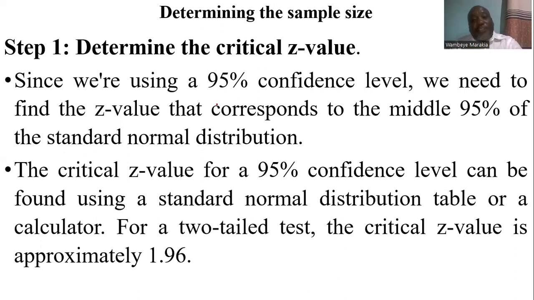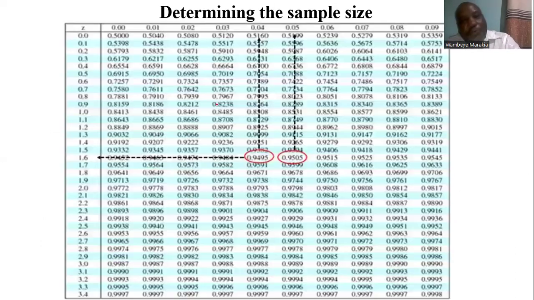And in this case, when you're using a table like the one I'm going to show you, we are going to look at these values, the Z values.